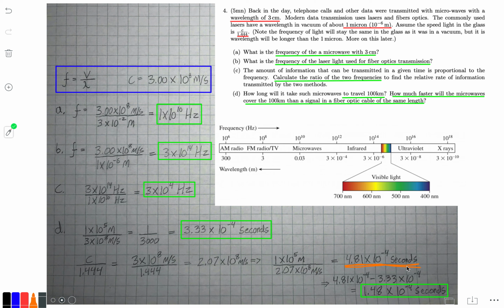So this would be the time that it takes the laser to travel this distance, and then as far as the difference, we can just subtract the two from one another, and this is how much faster the laser would travel than the microwave. Not a huge difference, but it definitely can make up some time, you know, if you really got to get something to load.